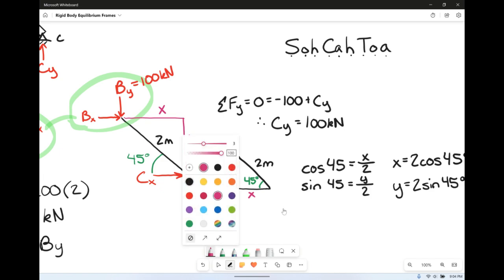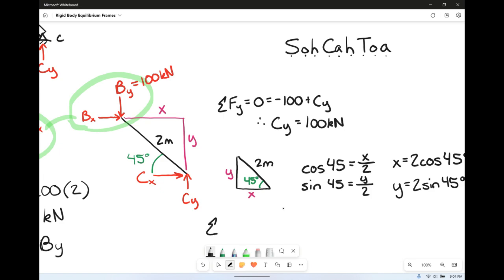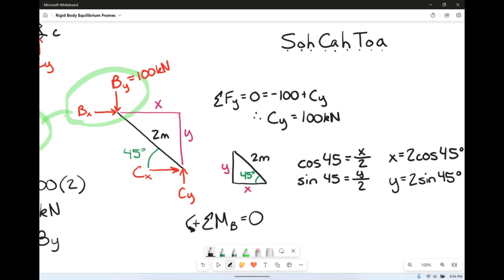So now we can sum the moments about B and set it equal to 0. I'm going to go counterclockwise as positive. So CY is going to be going this way. Hey, that's positive. Go us. So we have CY being positive times his perpendicular distance, which was x.